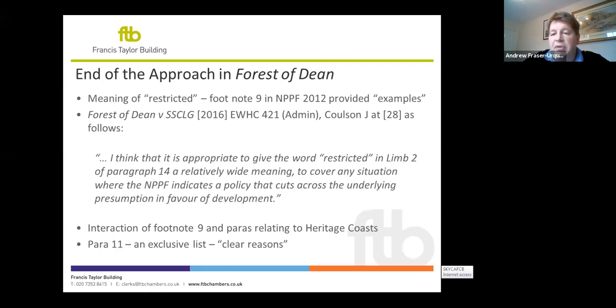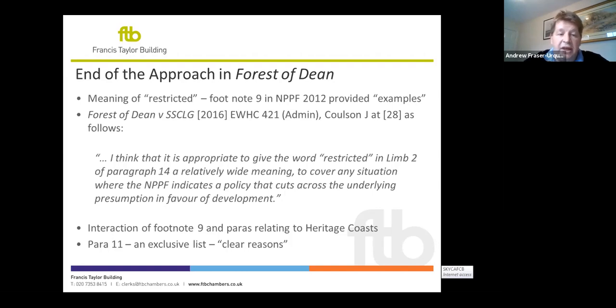Under the old NPPF, permission could be refused if policies for protection of particular things suggested that development should be restricted. And the list in footnote 9 of the old NPPF provided examples of the type of policies which suggested that development could be restricted, such things as heritage assets, green belts, habitat regs sites, and the like.